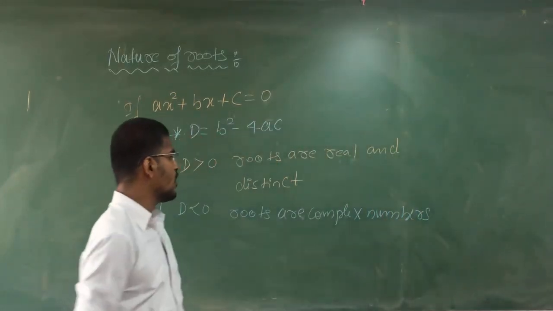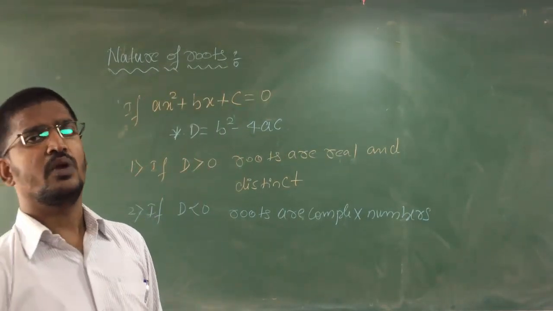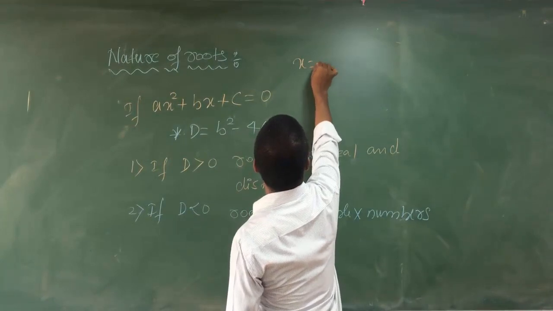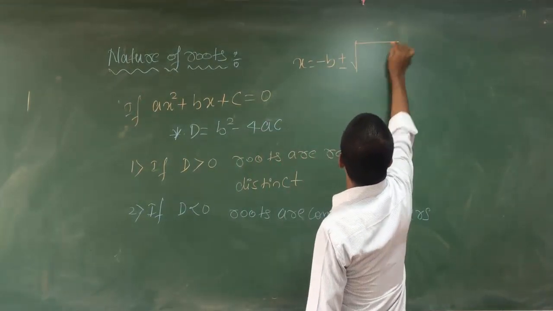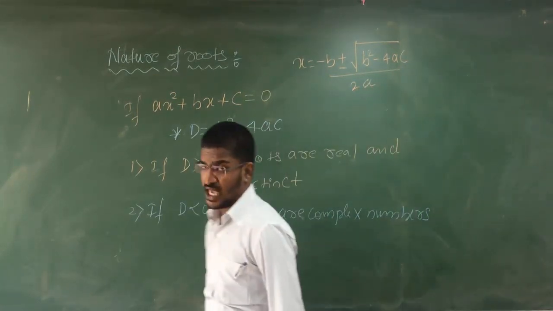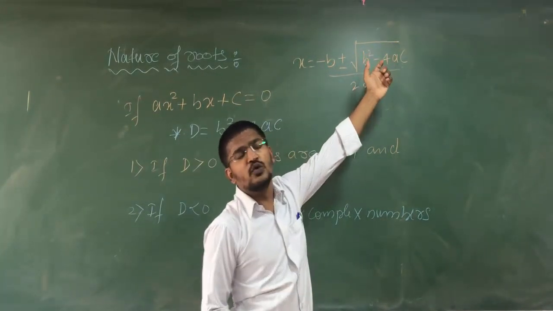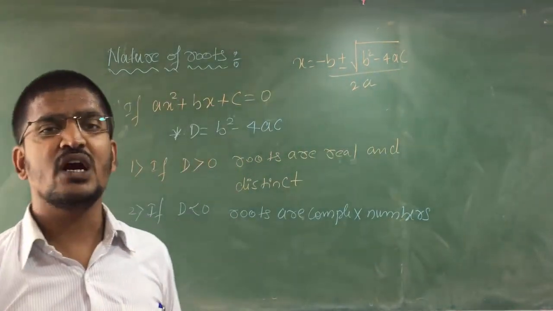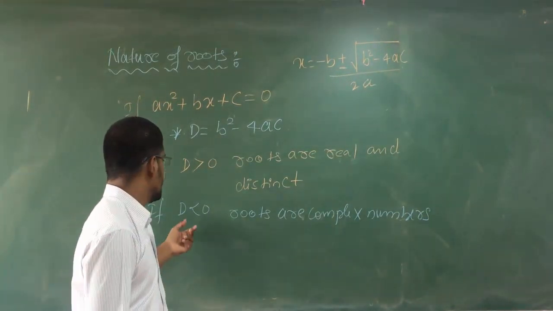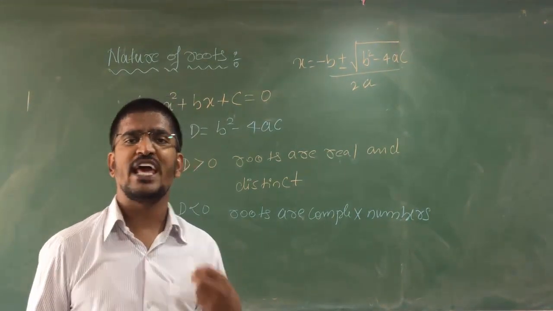Roots are going to be complex numbers if the discriminant is lesser than 0, because from this formula, x equal to minus b plus or minus square root of b square minus 4ac divided by 2a, here you are having the negative under the root. If the negative comes with the square root, it is going to give us a complex number. For that reason, if the discriminant is lesser than 0, then you are definitely going to have the complex roots.